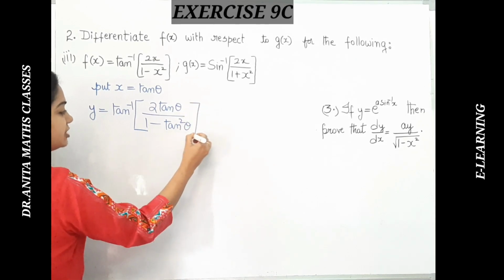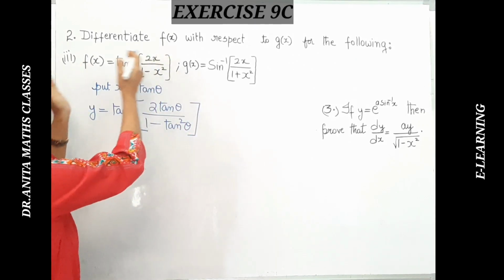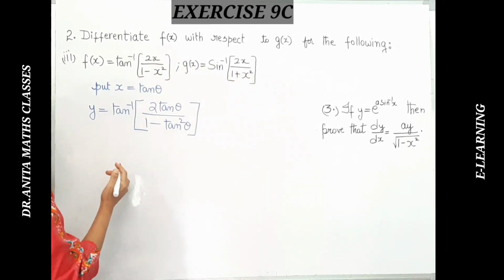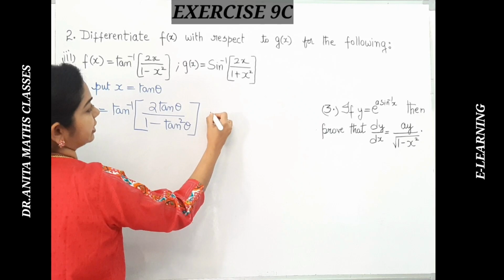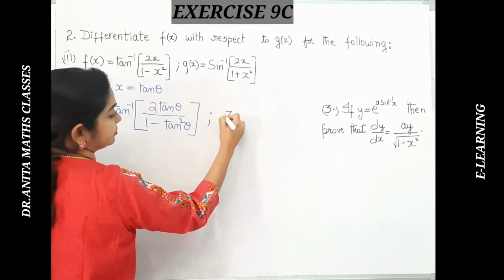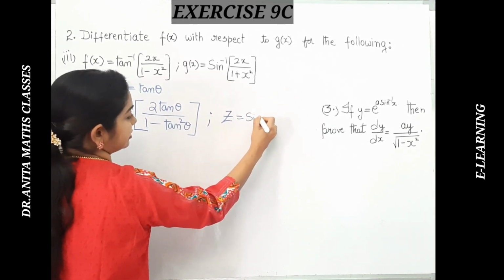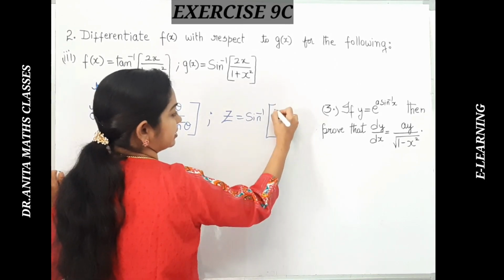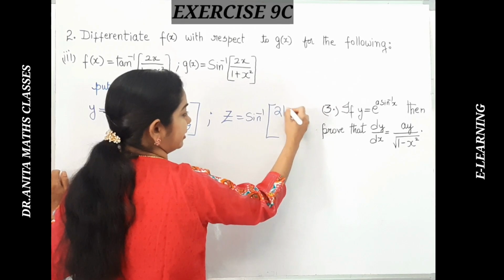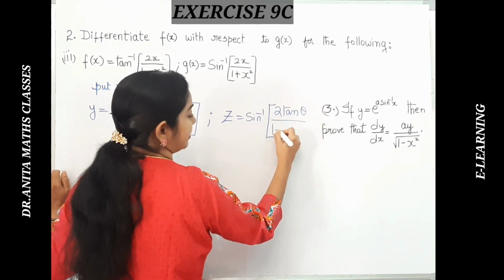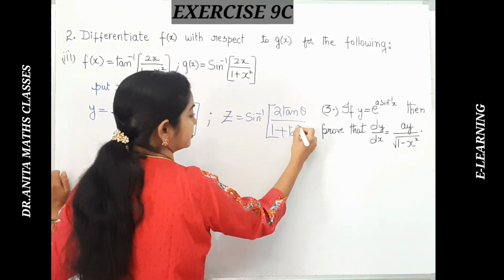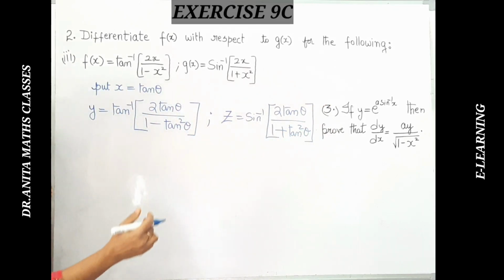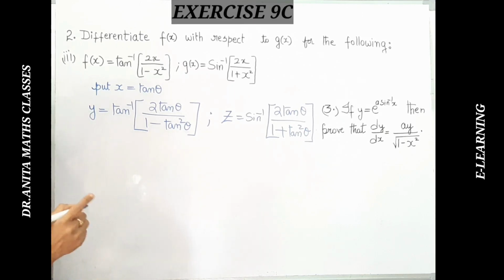As in the previous problems, we are supposing the first function as y, the second function as z. Similarly, z is equal to sine inverse, now replacing x with tan theta, 2 tan theta by 1 plus tan square theta. So this formula, where plus is involved, you will get sine 2 theta. Where minus is involved, you get tan 2 theta.